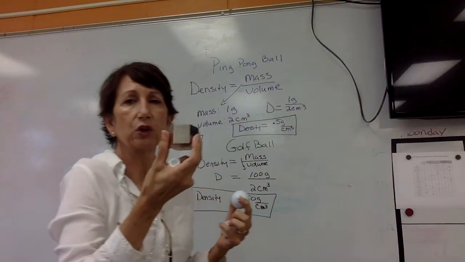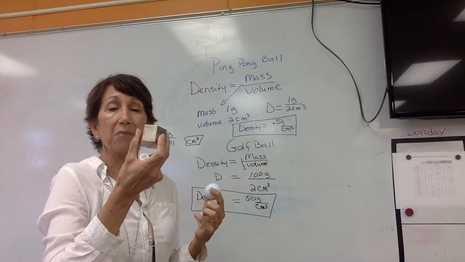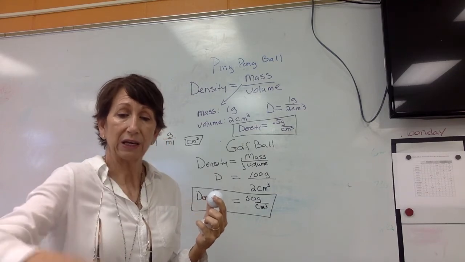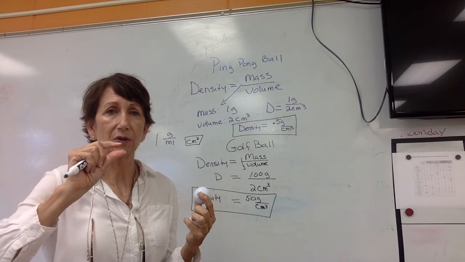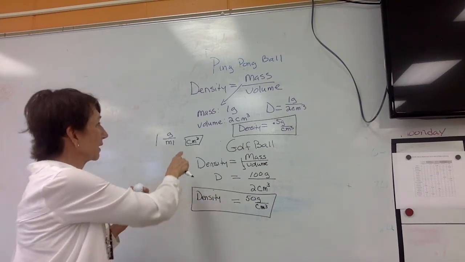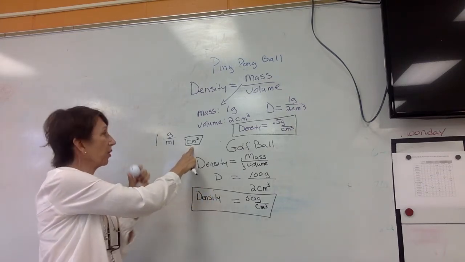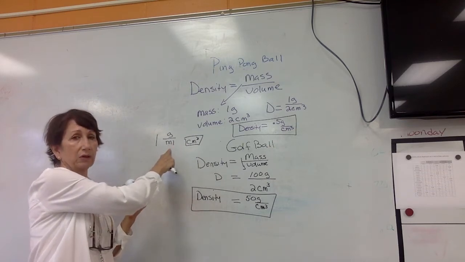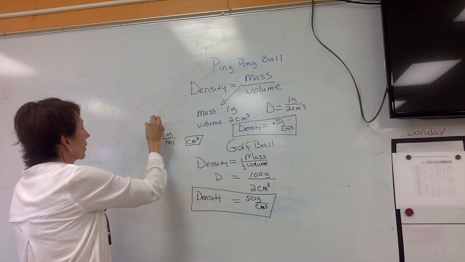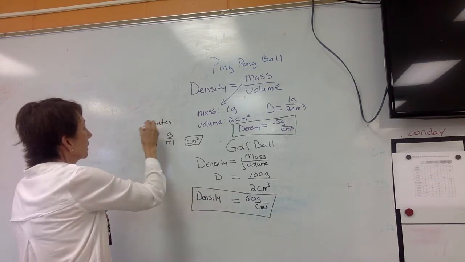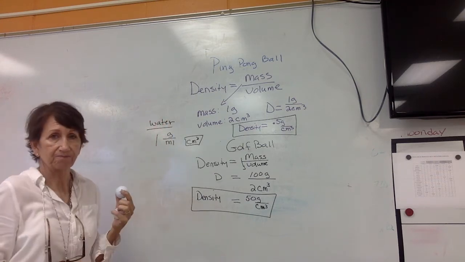If I could get 1 cubic centimeter of a metal and melt it down, it would take up a liquid volume of exactly 1 milliliter. So they are identical. If you could melt down a cubic centimeter of the golf ball, it would be actually 1 milliliter. They're equal in that sense. But anyway, the density of water, turns out, is 1 gram per milliliter.